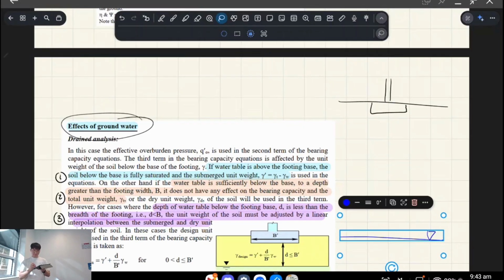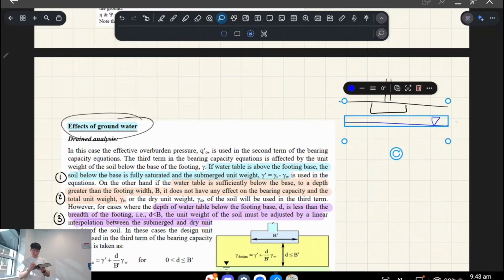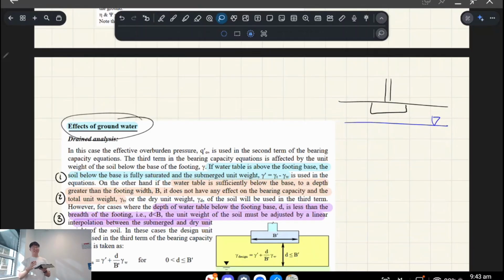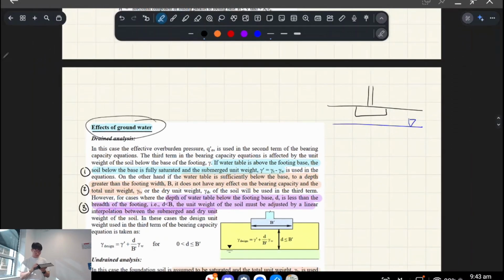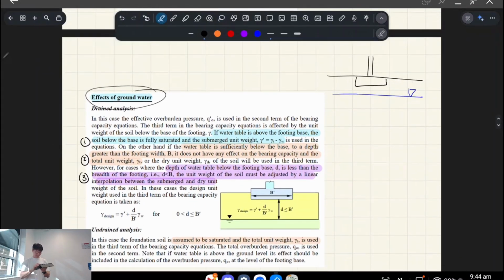But if it's near the base of your footing without completely submerging it, then we have to say it's partially submerged, and there's an interpolation formula for it.